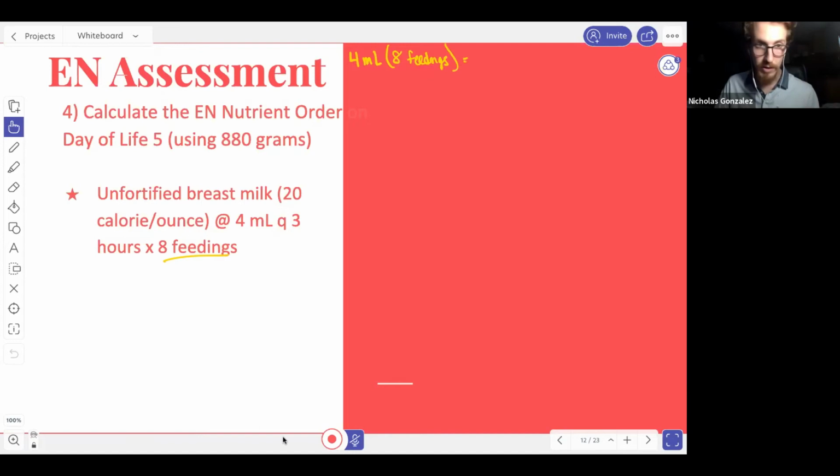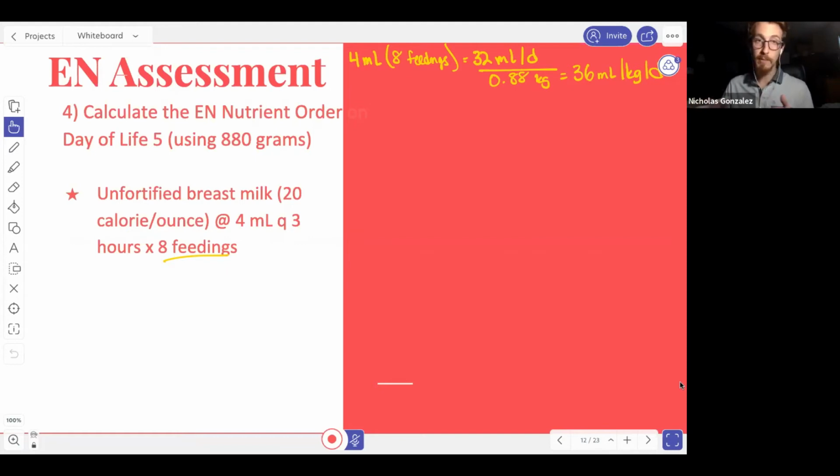It's going to give us 32 milliliters per day. And we're going to divide this by the kilogram of the infant, because we want it in milliliters per kilogram per day. So we're at a total of 36 milliliters per kilogram per day.